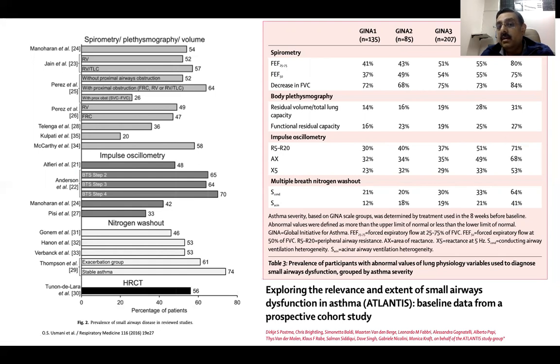They used spirometry, which is FEF 25 to 75 as I talked about in the last slide, plethysmography, oscillometry, and multiple breath washouts. So these are the modalities people have used to evaluate small airway dysfunction.